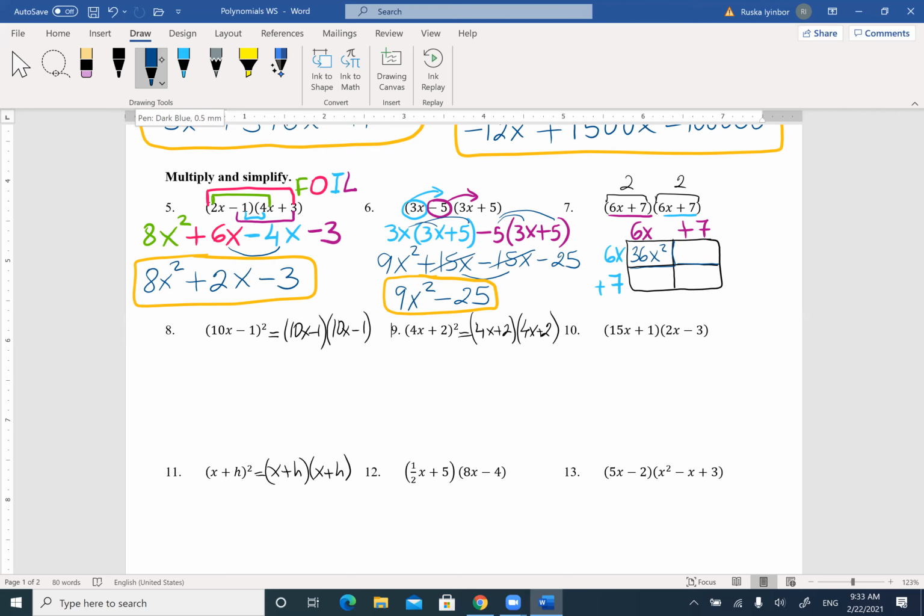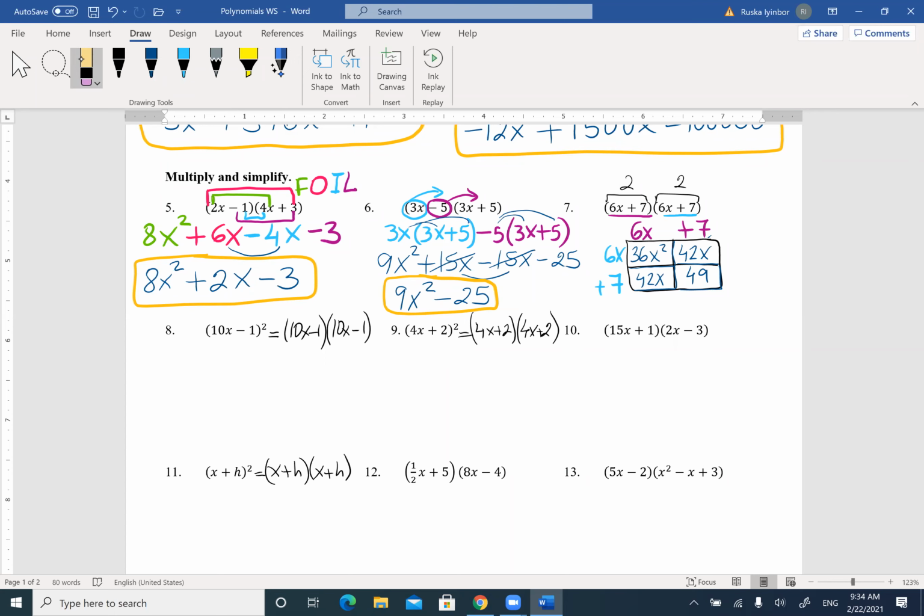So 6 times 7 is 42x. Yes? And then the number over here in this box is going to be when I multiply 7 times 6x. That's 42x. And then the last empty box is going to be when I multiply 7 by 7, right? 49. So just fill out that table like a multiplication table.